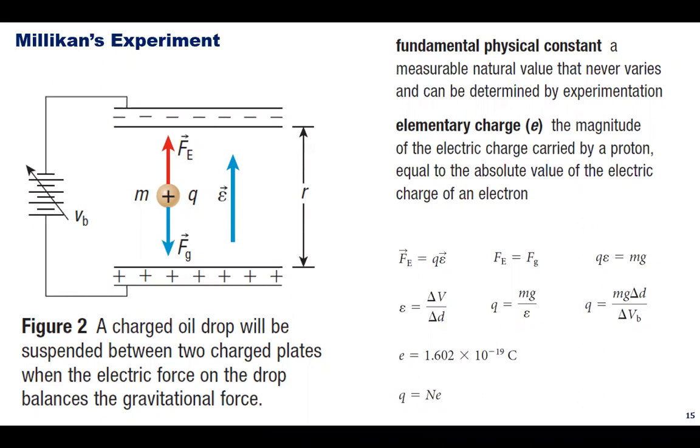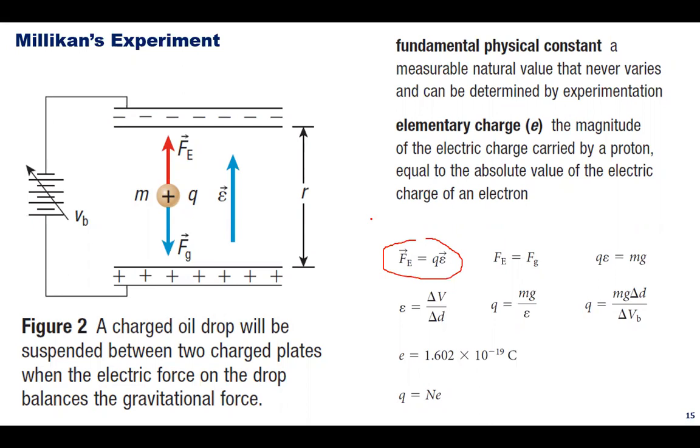We can understand how Millikan used the electric microbalance to determine the charge on an oil drop by comparing the electric and gravitational forces. For a drop of charge q, the electric force from the field epsilon is given by the following formula: Fe equals q epsilon. If we assume that the charge is positive, then we can charge the plates so that the electric field points upward and gives an upward force to the drop.